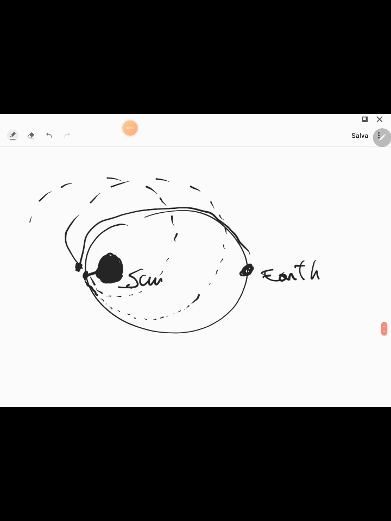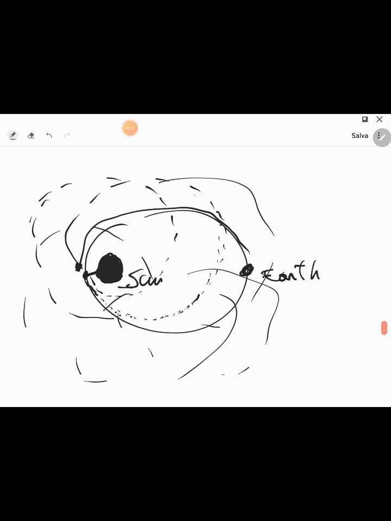After, we will have a new orbit where Earth can move, and when it arrives again near the perihelio, it turns again around perihelio. Another time, another time, and then it goes back to the original position.